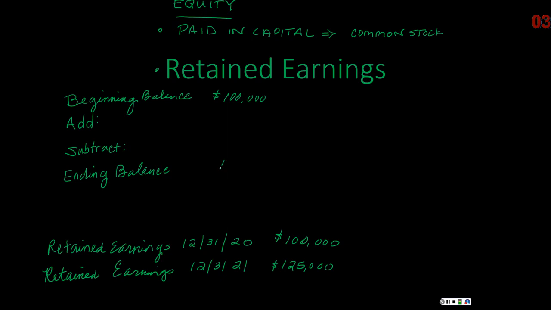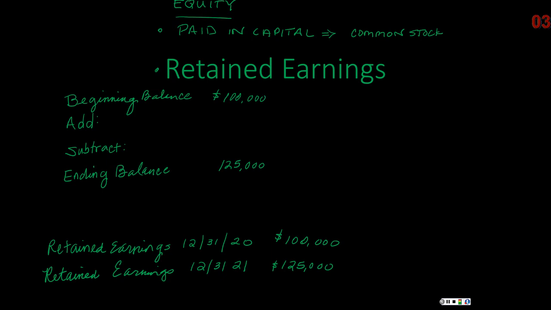You have to figure it out based on the information that you're given. So if you're just given numbers like this that say retained earnings, 12/31/20 and then 12/31/21, you have to figure out which is the beginning, which is the ending. So in this case, the beginning is the oldest number and the new current ending balance is 125.